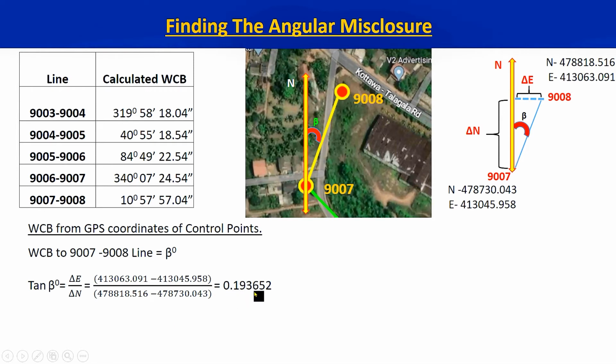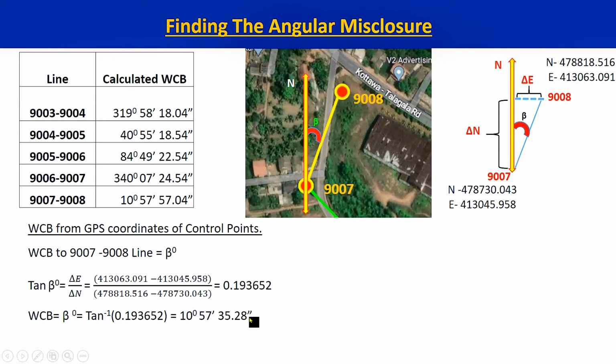Then the value is 0.193652. So when we get the tan inverse value, the beta is 10 degrees, 57 minutes and 35.28 seconds. Now you see the calculated WCB from the traverse is 10 degrees, 57 minutes and 57.04 seconds.